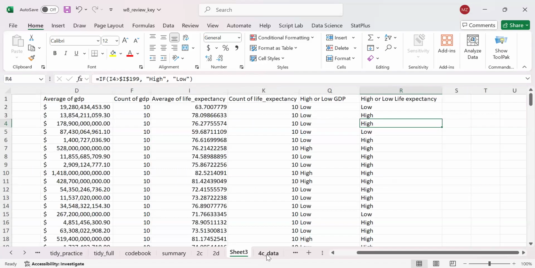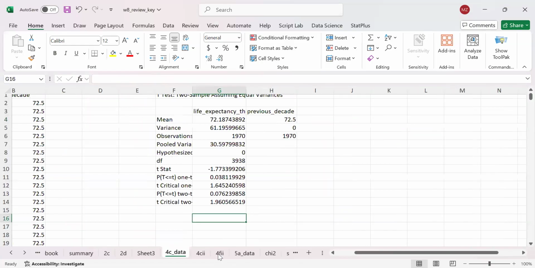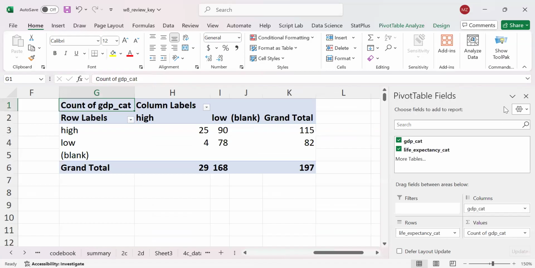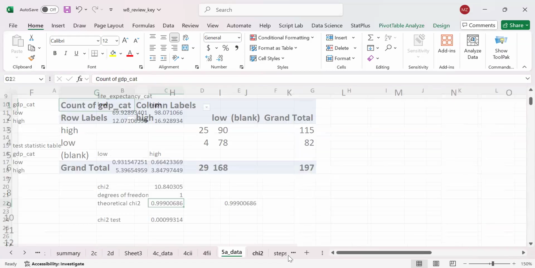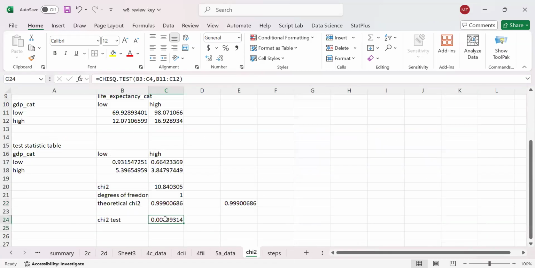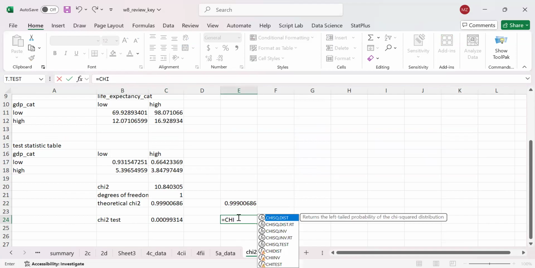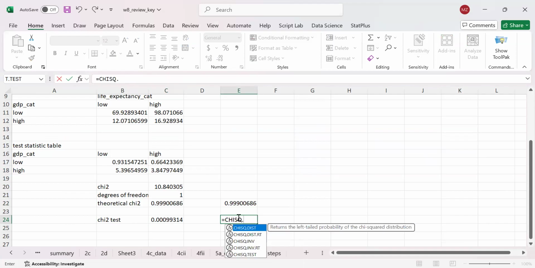And the other way you can do it, you can calculate the p-value, and that's the other formula. So chi-square test, and it takes the actual range.